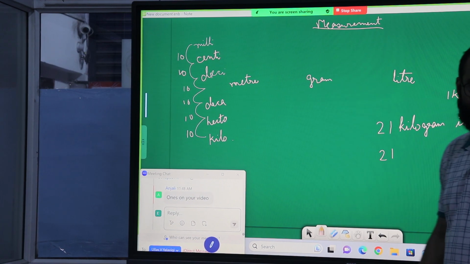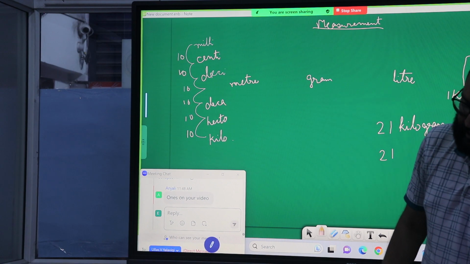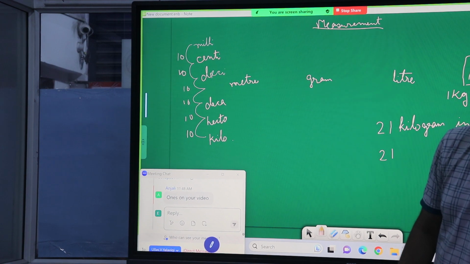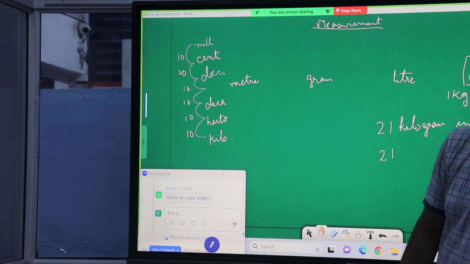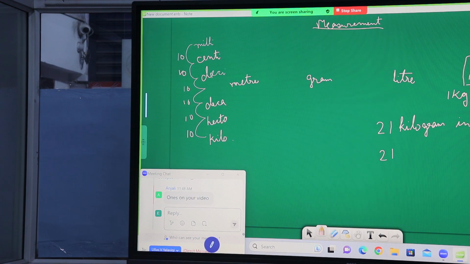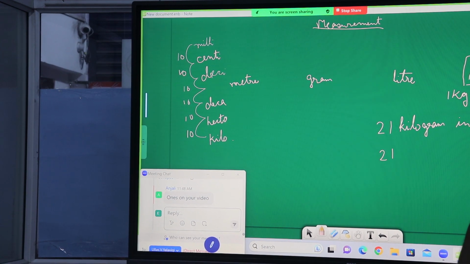How do you write decigram and how do you write decagram? Decigram we simply write dg.